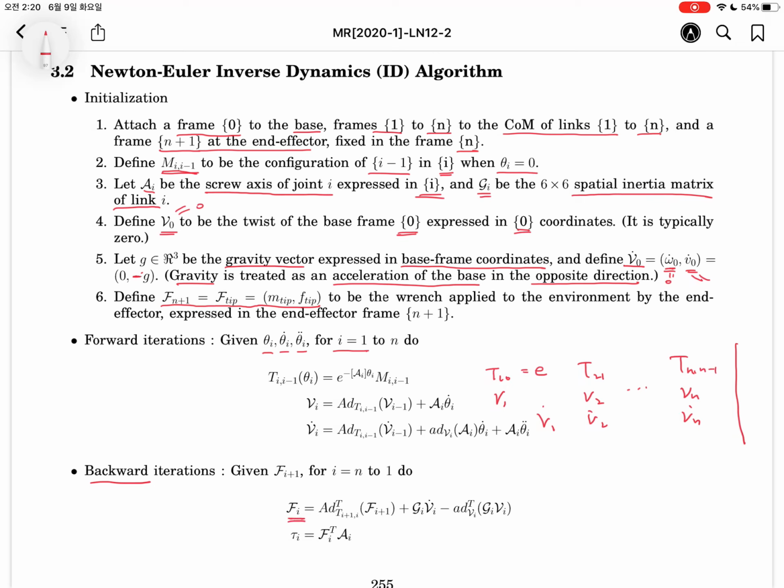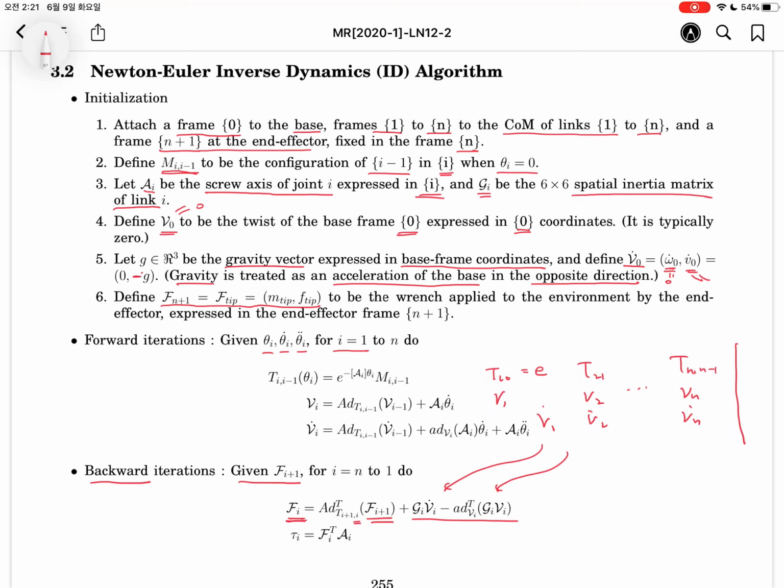Okay, for the given last end effector wrench, it can be expressed in terms of the i frame using the adjoint map, and then the inertial force will be applied, using the V and the V dot.